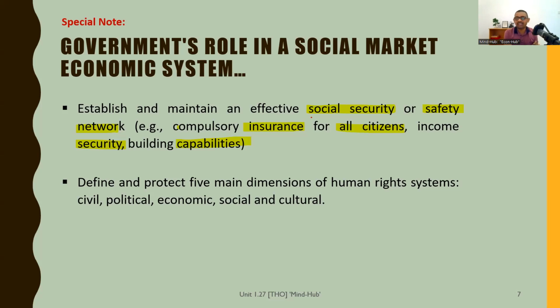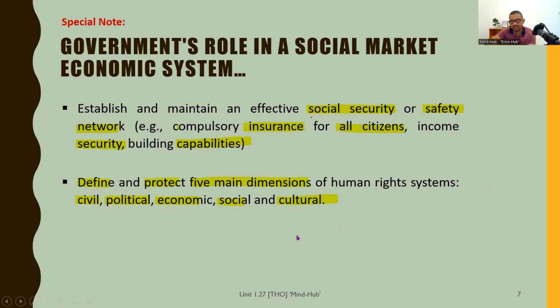What is fishing? Earning an income, doing a job, having their own livelihood. Got it? I hope you guys are clear. Right. Then we need to define and protect, remember, the 5 main dimensions of human rights: civil, political, economic, social, and cultural. These 5 main human rights should be protected. That's a big responsibility of the government in a social market economy. Okay, right.